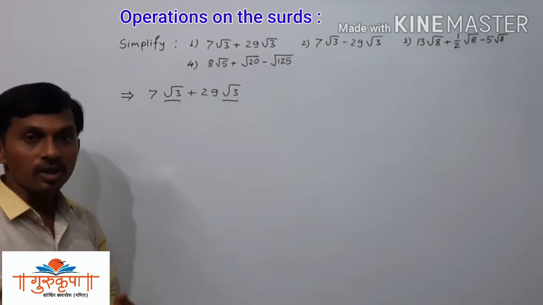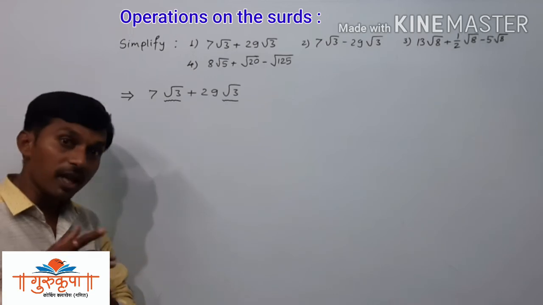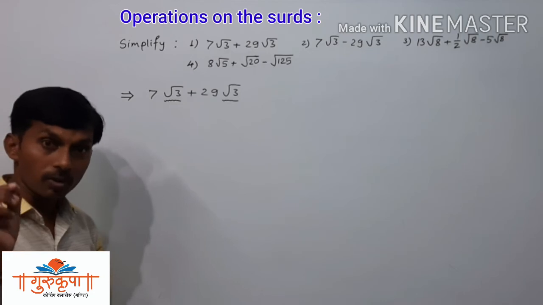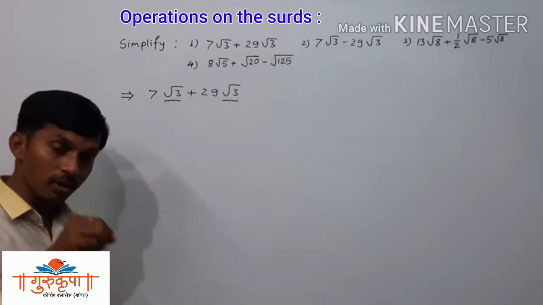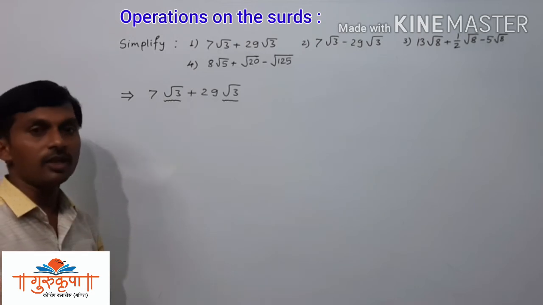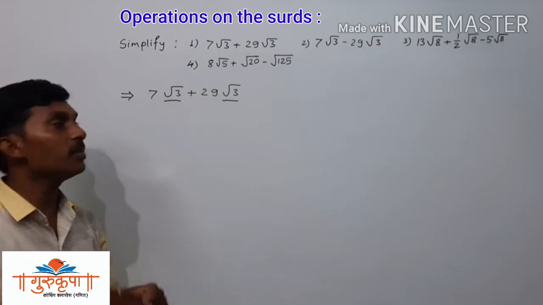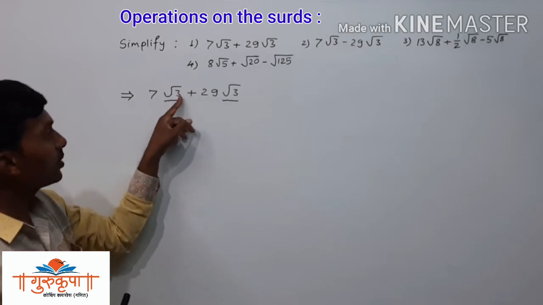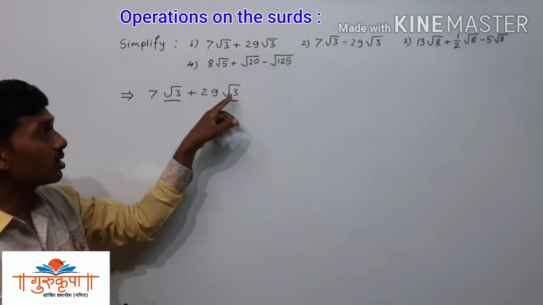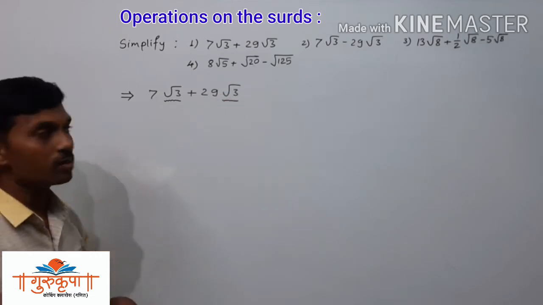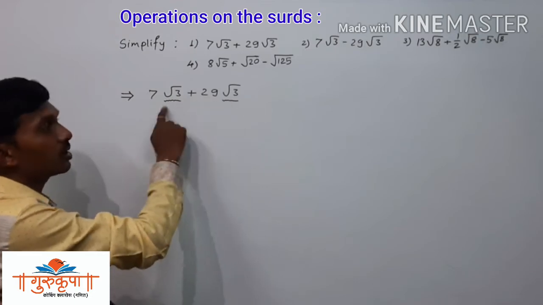If both the surds have the same order and the same radicand, then those surds are called similar surds. Here in this surd the order is 2 and the radicand is 3. In this surd the order is again 2 and the radicand is the same, that is 3. So we can add these two surds.